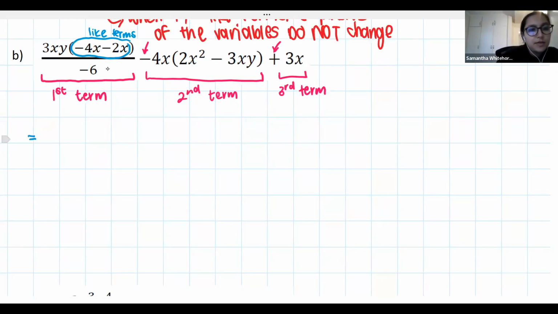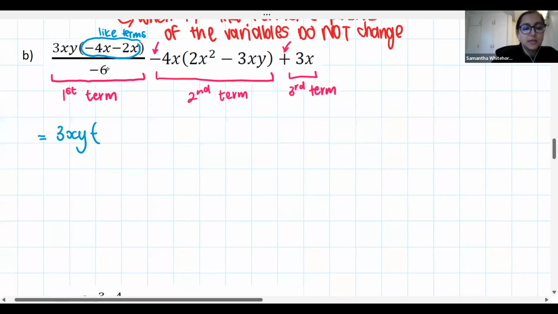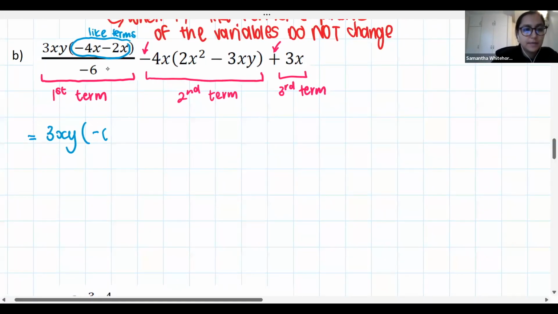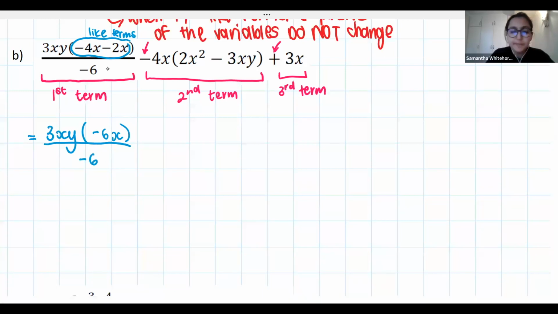So this therefore means that I've got 3xy times, now minus 4x minus 2x is a negative 6x. So I've added or subtracted my like terms and I've simplified my bracket. That is also being divided by negative 6. We'll keep simplifying as we keep going, but right now we've done one simplification step.